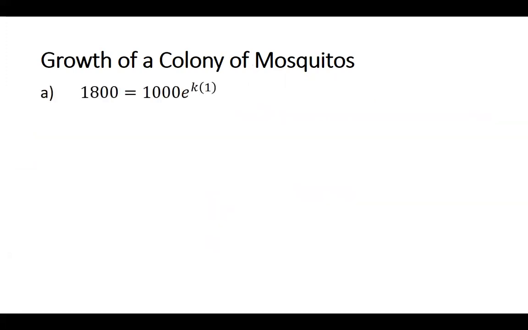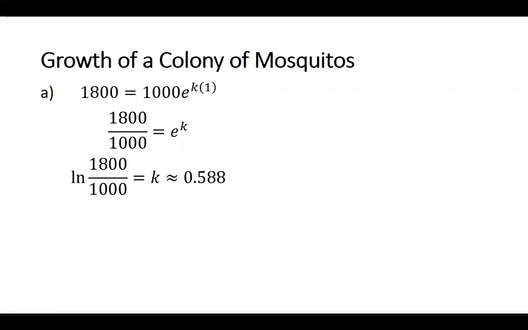So we're plugging in, we know that we started with 1,000 mosquitoes. And after 1 day, we have 1,800 mosquitoes. And see, the only thing we're lacking is k. So we're going to divide both sides by 1,000. And then we need to get rid of that e. So we're going to take the natural log of both sides.